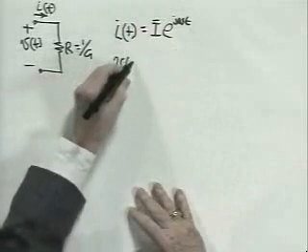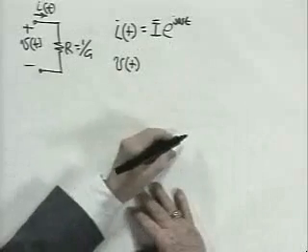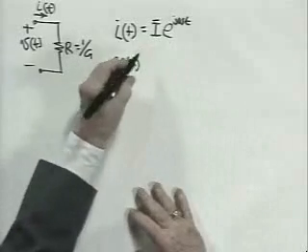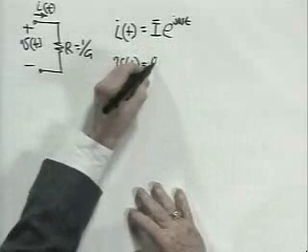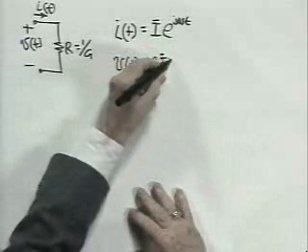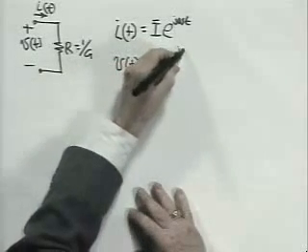Well, V of t is this times R, so it is equal to R I e to the j omega t.